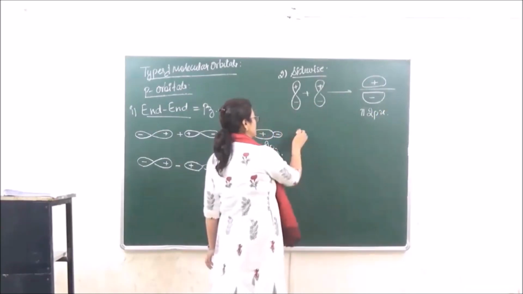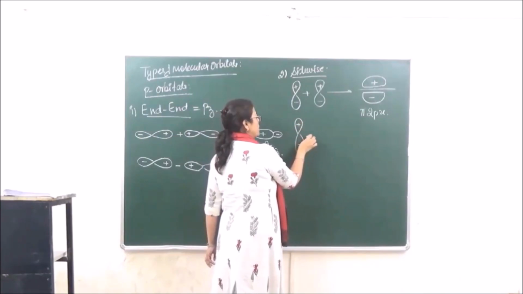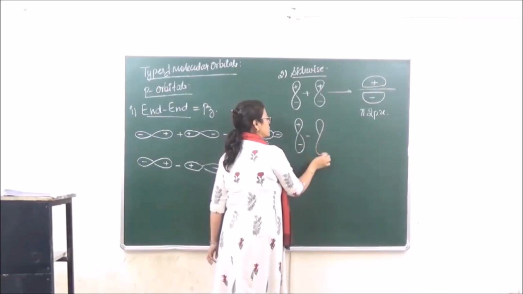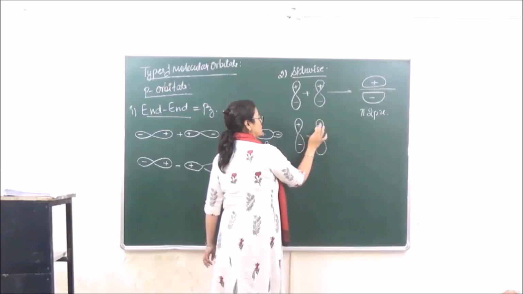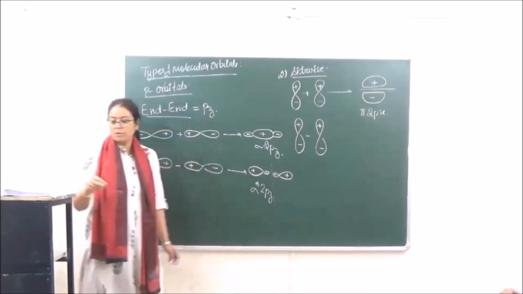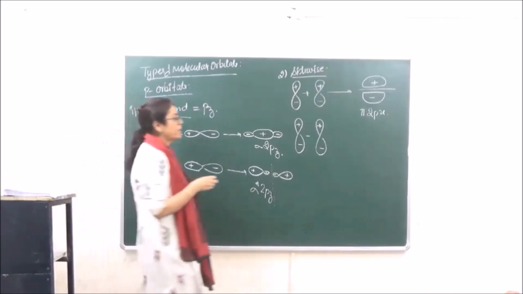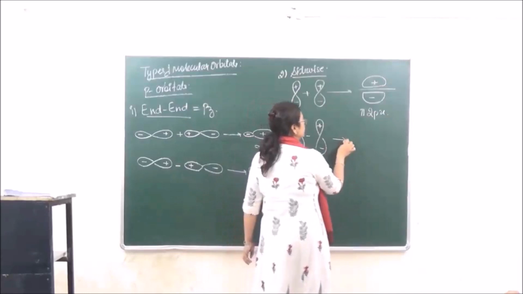And if subtraction is going to take place, subtraction of the atomic orbitals, that is going to take place over here, then we are going to get a nodal plane in the center.